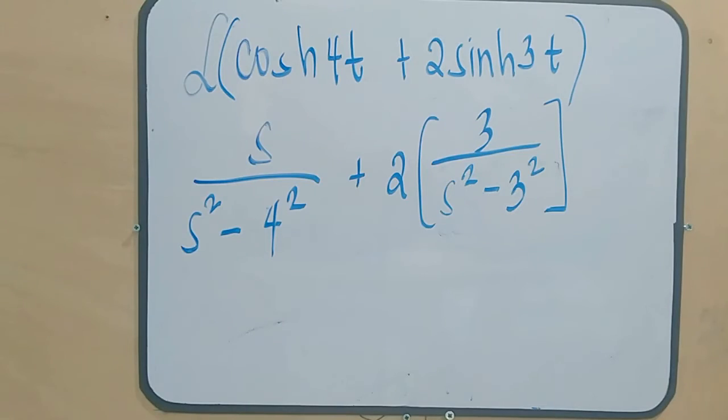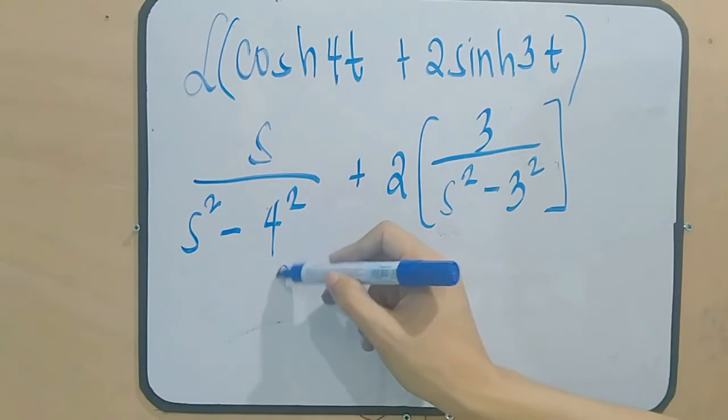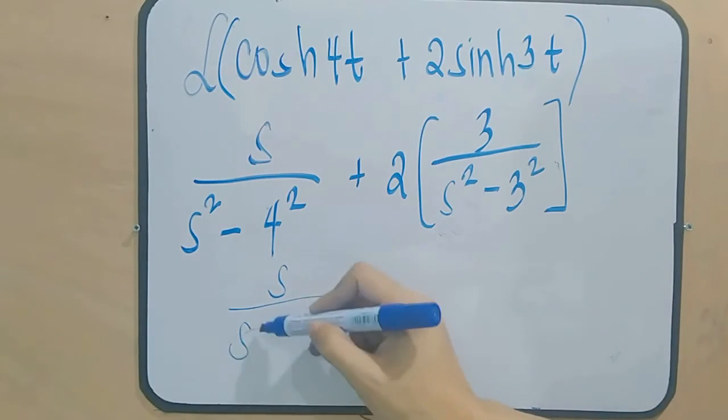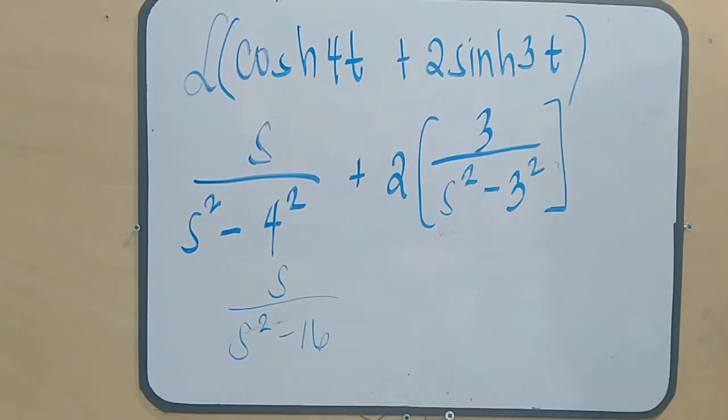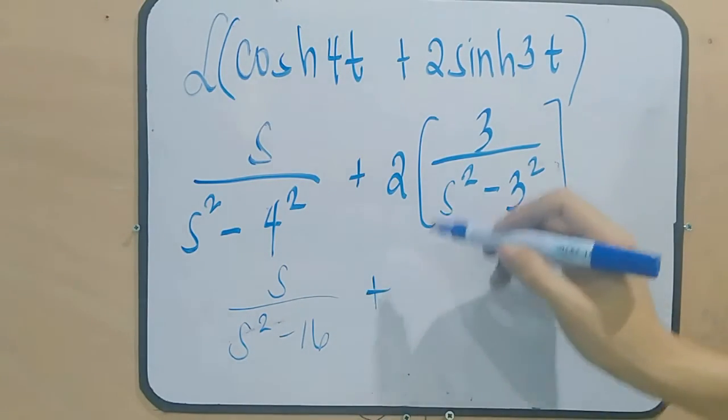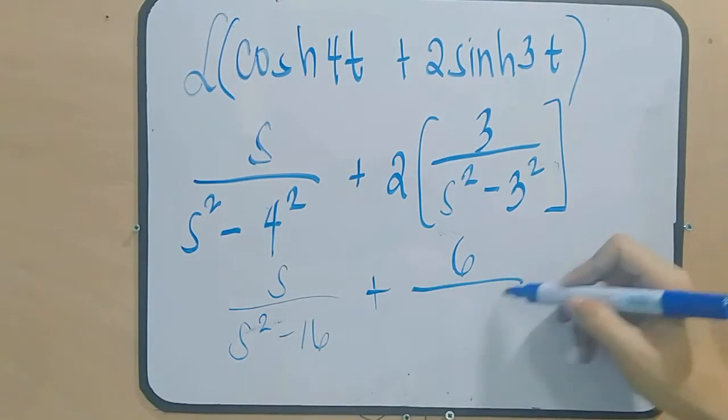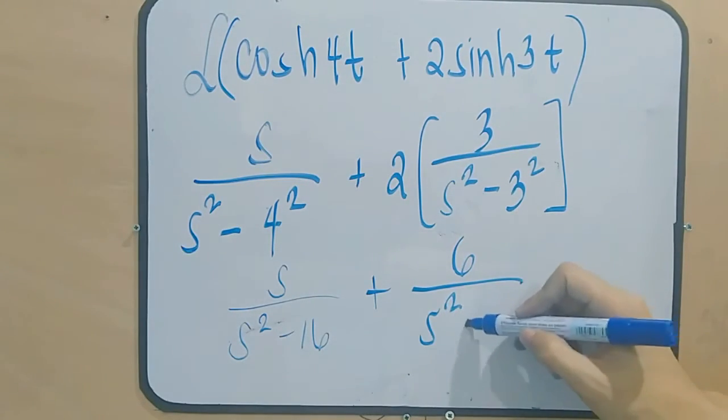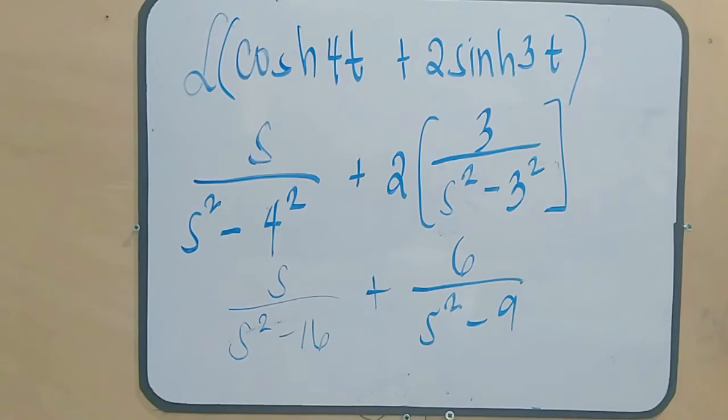Now we just simplify, guys. This is s all over s squared minus 16, plus 2 times 3, so 6 all over s squared minus 9. There's no common factor here, so that is the final answer for this problem.